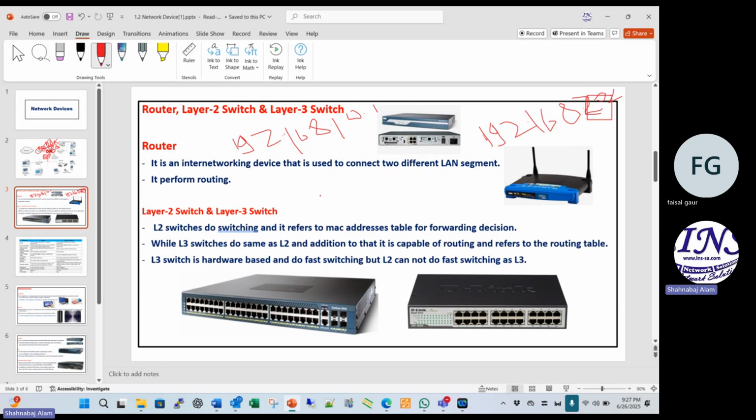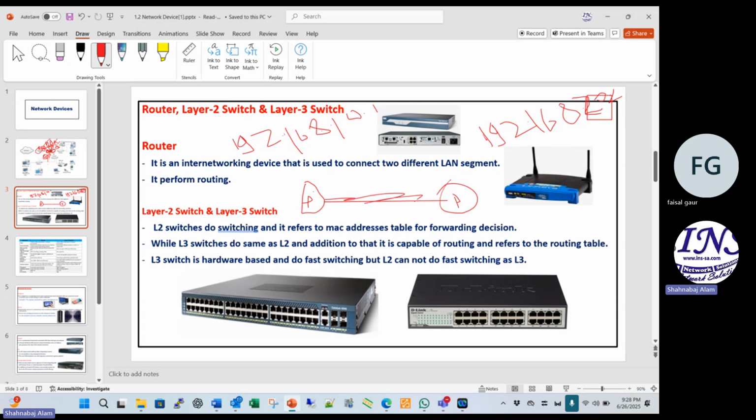Suppose I give you an example. This is our PC one and this is our PC two. Suppose I send data from here to there.